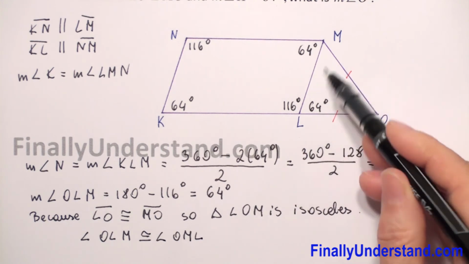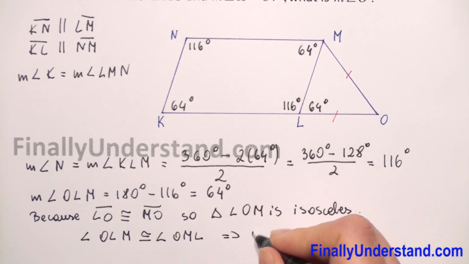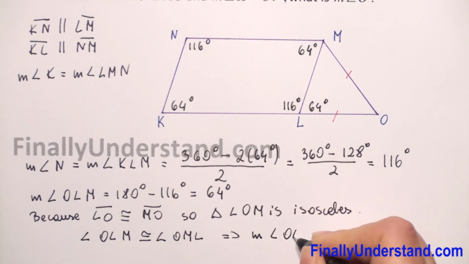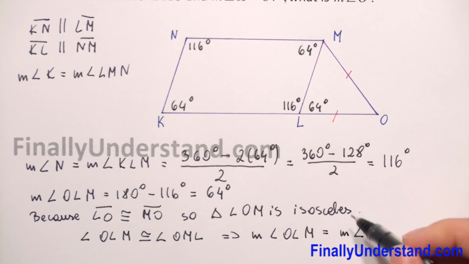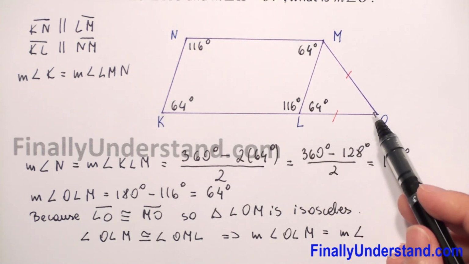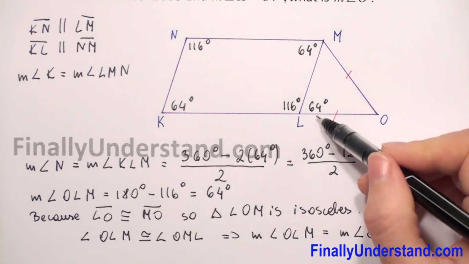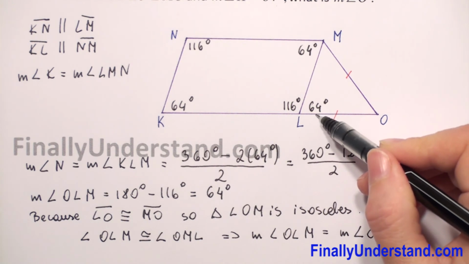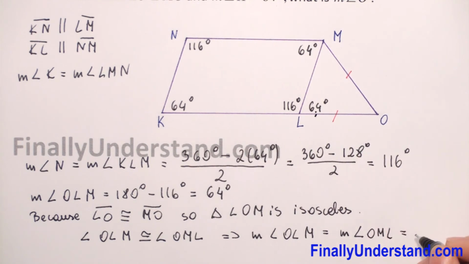If these two angles are congruent, they have the same measures. So the measure of angle OLM is equal to the measure of angle OML. We calculated that OLM is 64, so this is also 64 degrees.